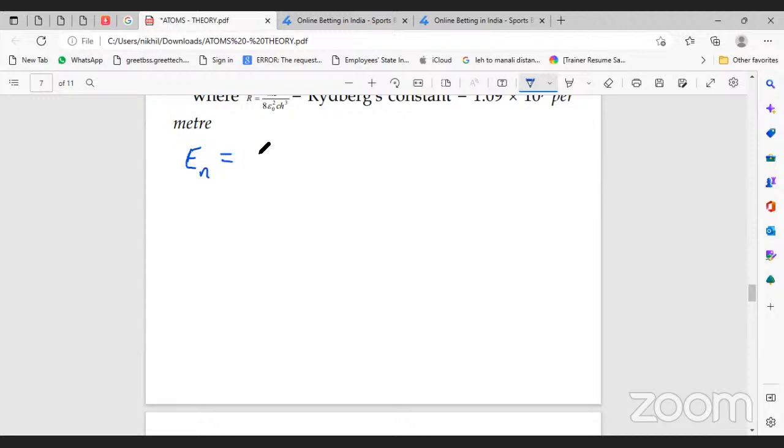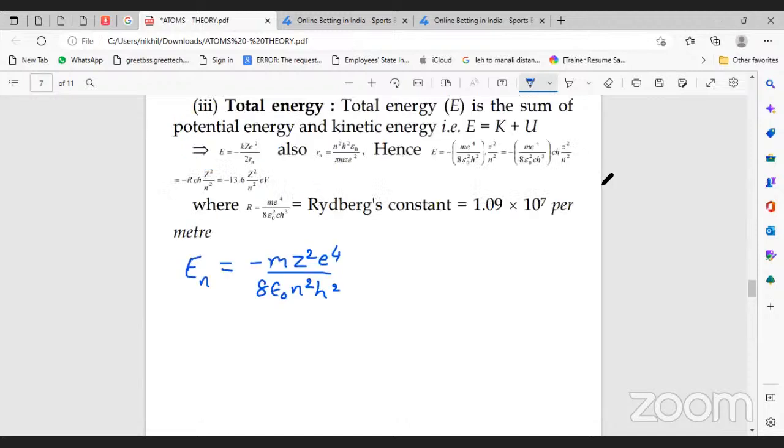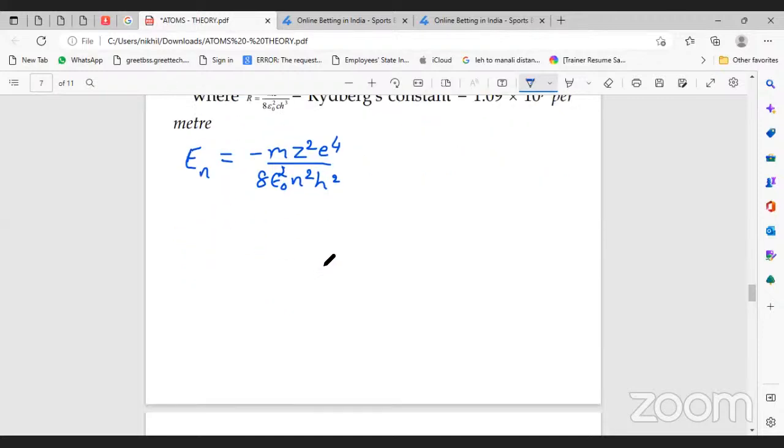Total energy in the nth orbit is given by minus m z squared e power 4 by 8 epsilon naught squared n squared h squared. So this is the formula you got for the total energy of an electron in the nth orbit of a hydrogen atom.